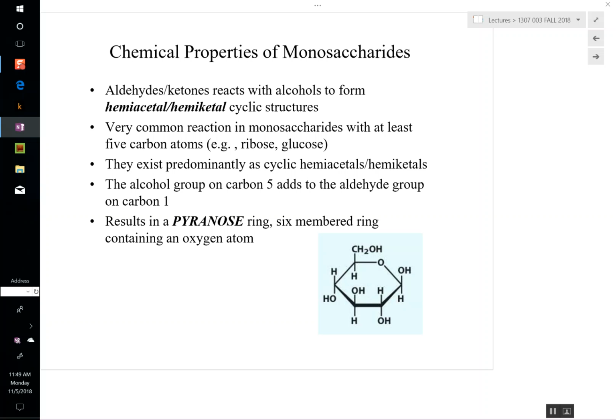And what's going to happen, the glucose is going to cyclize. It's going to end up in a circle. Now watch me. This double bond breaks.